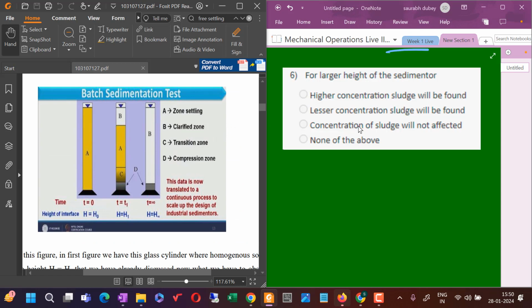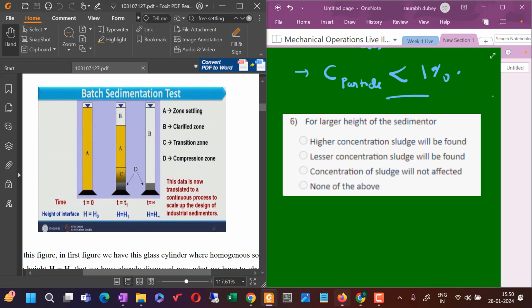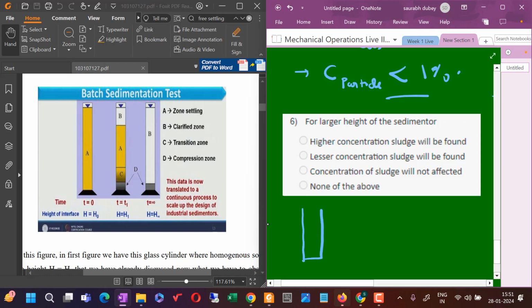So for the larger height of the sedimentation, what will be the condition? If the size is high, then what will happen? Your sludge will be found in the higher concentration, or in the lesser concentration, or its concentration will not be affected by the height, whether the sedimenter is long or small.